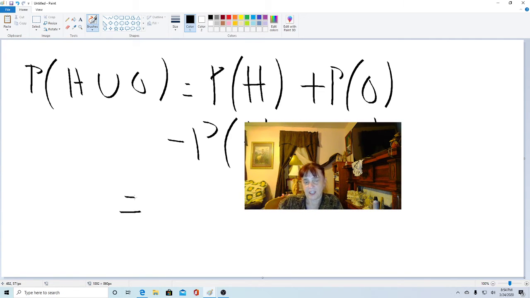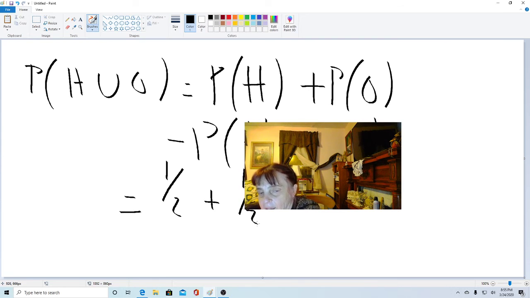Okay, the probability of a head is 1/2. The probability of an odd number is 1/2. And a head and an odd number is 1/4. So the answer is 3/4.